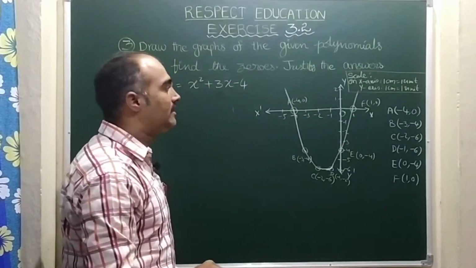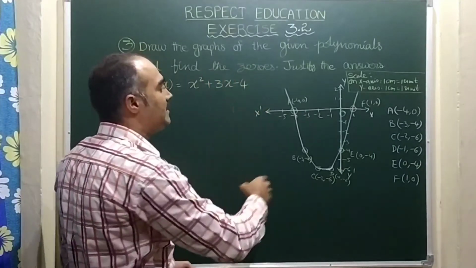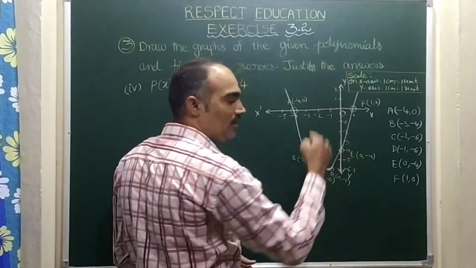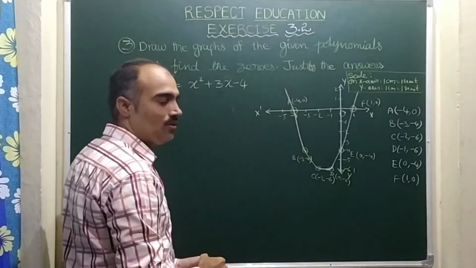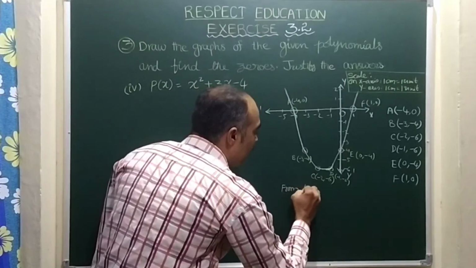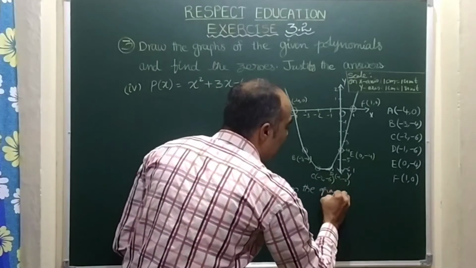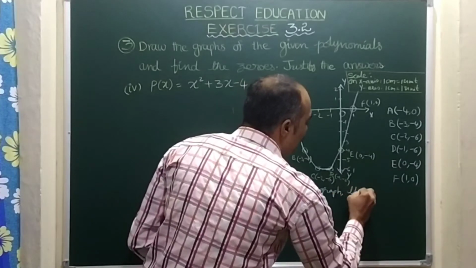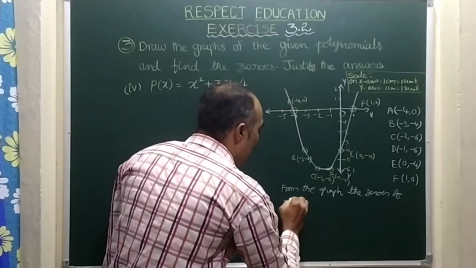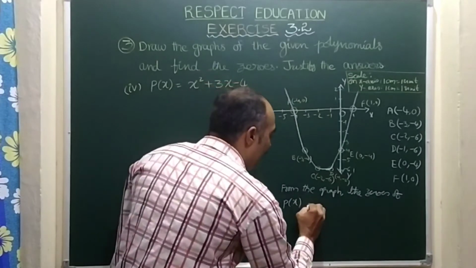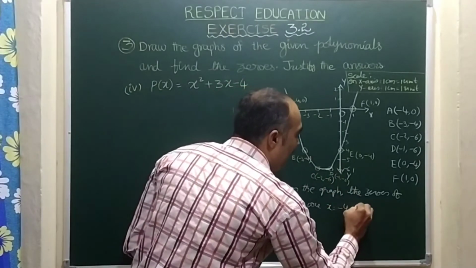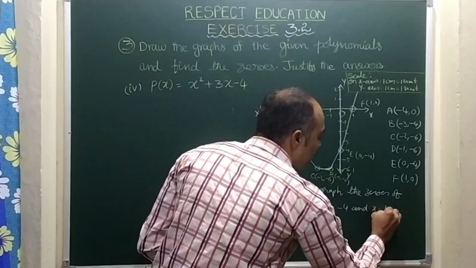Graph work is over. Now we need to find the zeros from the graph. Here you see the graph intersects the x-axis at x equal to 1 and x equal to minus 4. Therefore we can write the reason: from the graph, the zeros of the polynomial p of x are x equal to minus 4 and x equal to 1.